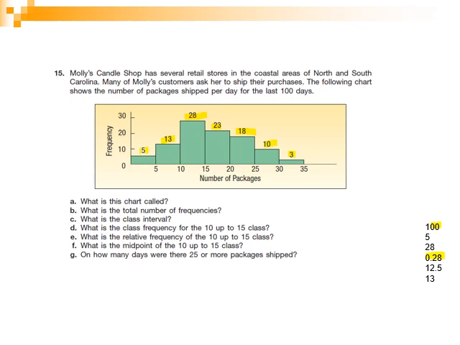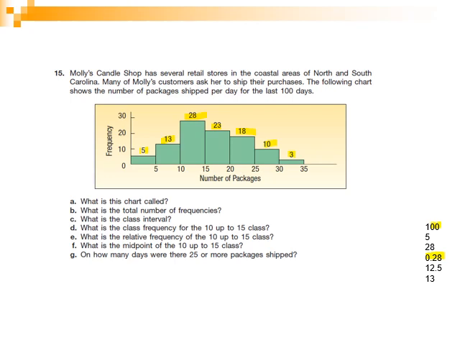What did he ask about? He asked about 25 or more packages. So the number, which is the classes that he gave us the information, and the answer will be from the frequency on the vertical axis. If we have the information on the horizontal axis, the answer we get is on the vertical axis.